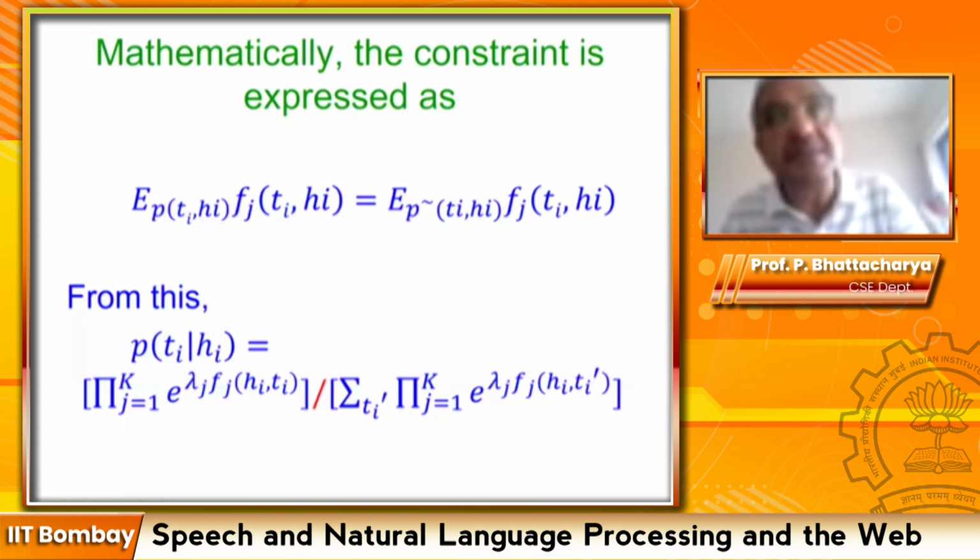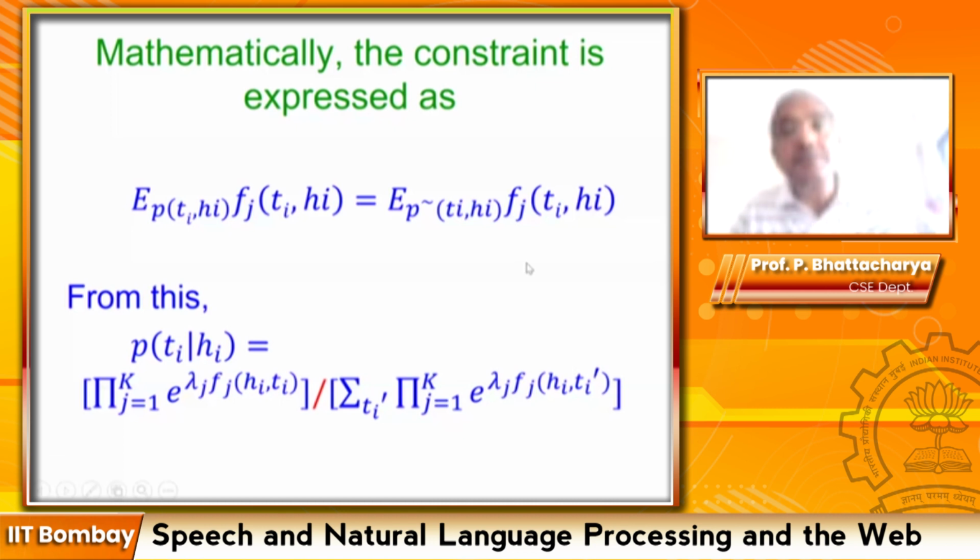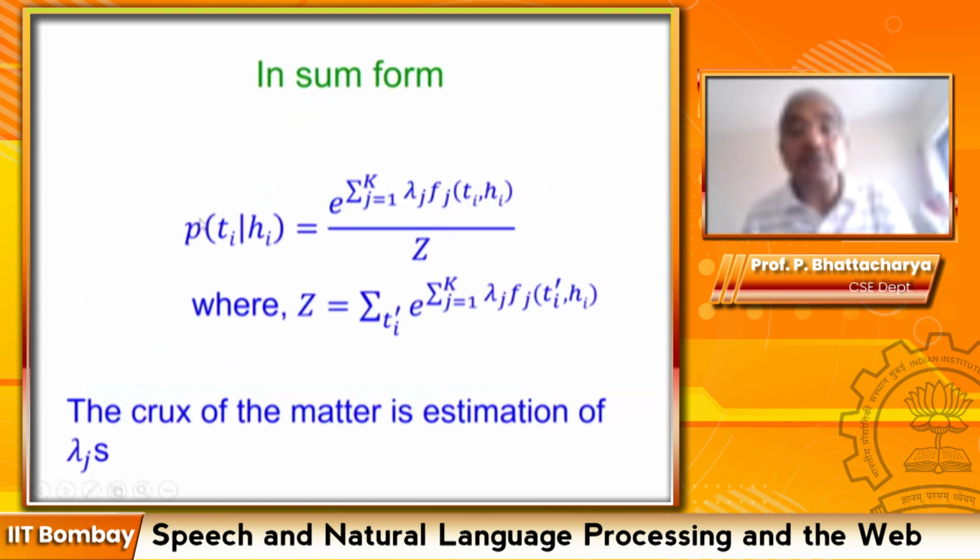And the next question was? Is the probability distribution for history also modeled? Probability distribution for history. No, there is no separate probability distribution for history. The history is either through this joint probability P(Ti, Hi) or through the conditional probability P(Ti given Hi). Okay. There is no separate distribution for history.